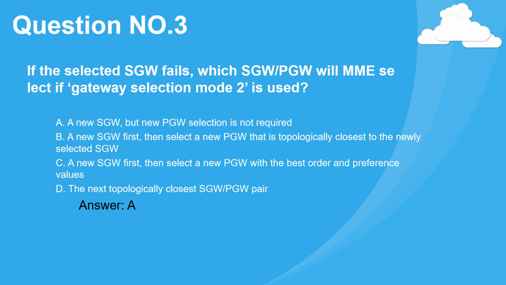B. A new SGW first, then select a new PGW that is topologically closest to the newly selected SGW. C. A new SGW first, then select a new PGW with the best order and preference values. D. The next topologically closest SGW PGW pair. Answer: A.